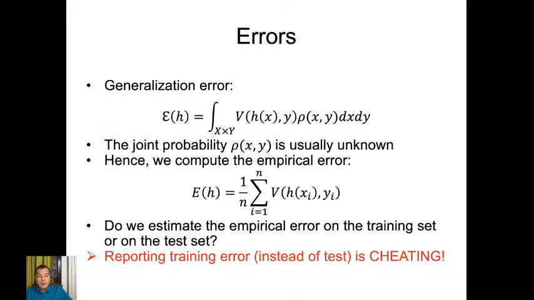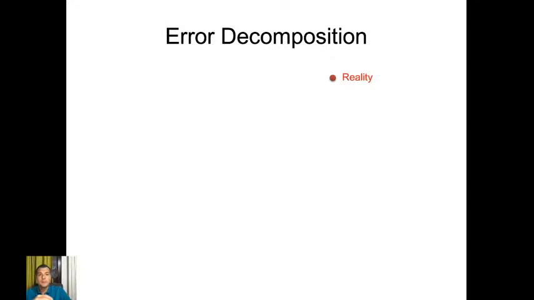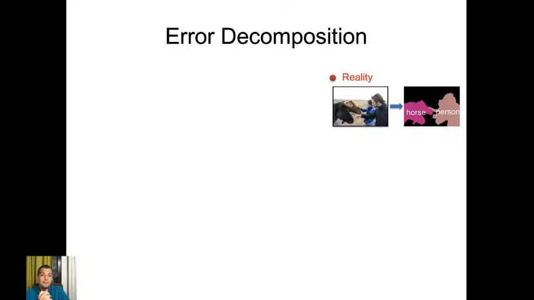Anyway, this is the empirical error, and this error is composed of different errors. Going back to the learning steps that we presented before, like representation, modeling, learning, and so on, all these components can introduce different errors in the model. So we have to distinguish between these errors.